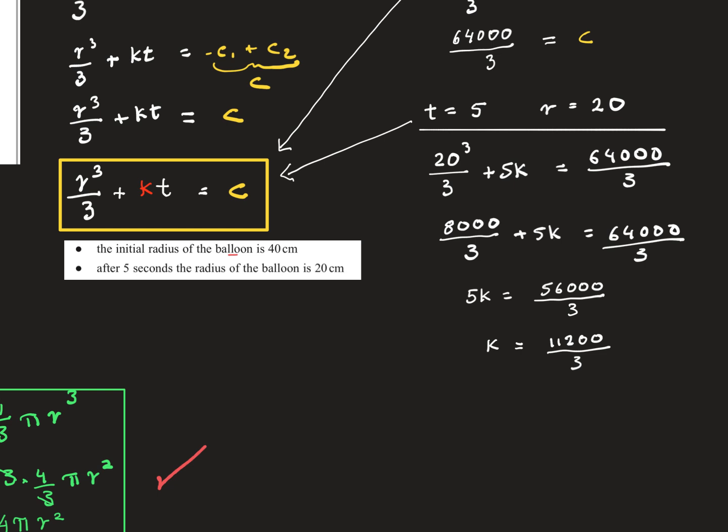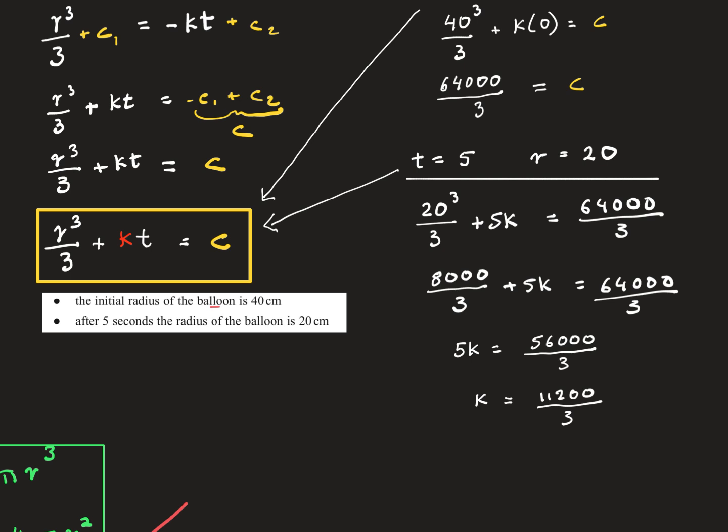I chose to have this always over 3 because in my equation I've got r cubed over 3. So if I've got a k with a denominator of 3 and also a c with a denominator of 3, it'll be easier for me to do the calculations.